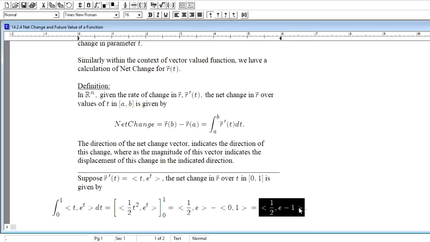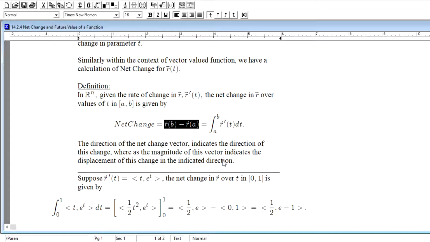Now, folks, in order to actually visualize what that net change would be highlighting from r bar of 0 to r bar of 1, to describe this overall change in displacement throughout that space, including the direction, you would have to know where you would be positioned at r bar of a.